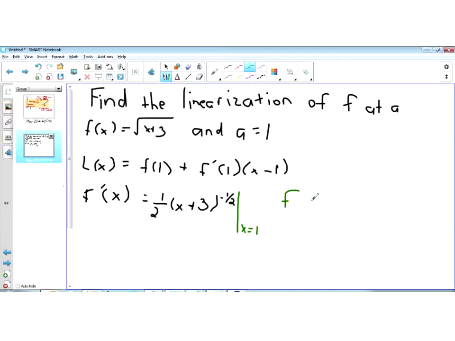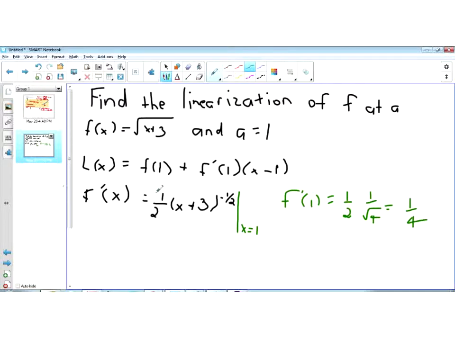So f prime of 1 is equal to 1/2 times 1 divided by the square root of 4, which is equal to 1/4. So that's the slope basically.